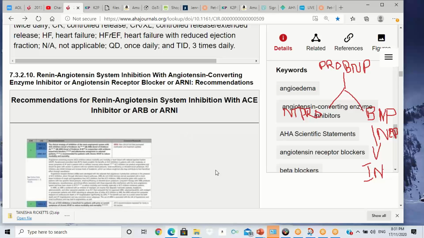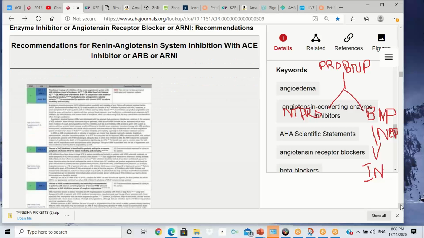I usually start at 24/26, and I will bring them back in, say, a couple of weeks or a month, and I'll go up to 49/51. And the maximum dose is 97/103, and it's twice a day, so you can see if they tolerate that. So you should always try to get the patient on goal therapy.